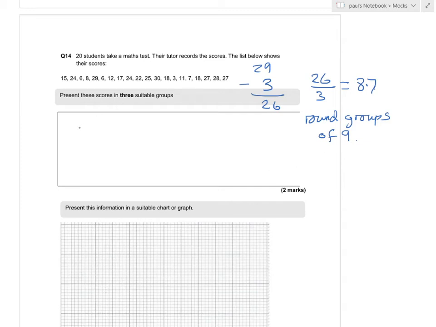Present the scores. I'm going to start with 3, and I'm going to add 9, so it'll be 3 to 12. And then I'm going to go 13 and add 9 to 22, and I'm going to go 23 all the way up to the top one.